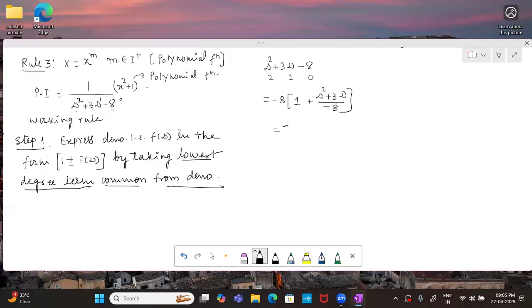So it is minus 8 into 1 minus d square plus 3d divided by 8. So this is the way to simplify the denominator. So PI will be like this: 1 upon minus 8 into 1 minus d square plus 3d upon 8.